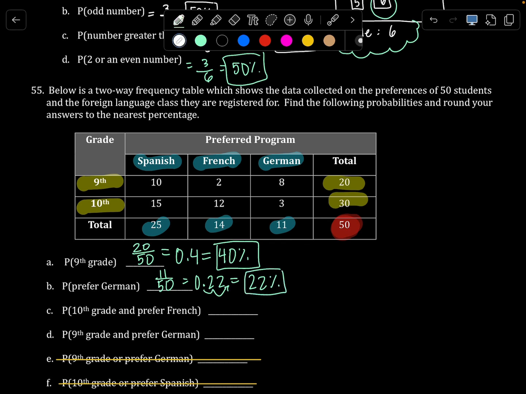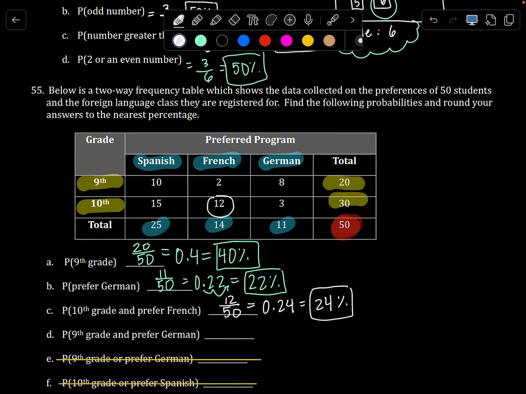How many are 10th graders and prefer French? So go ahead and use your 2 pointer fingers. Go to the 10th grade row and then go to the French column, and that's 12 out of 50. And that is 0.24, which is 24%.